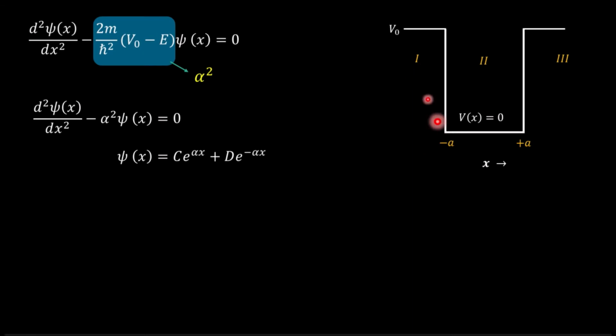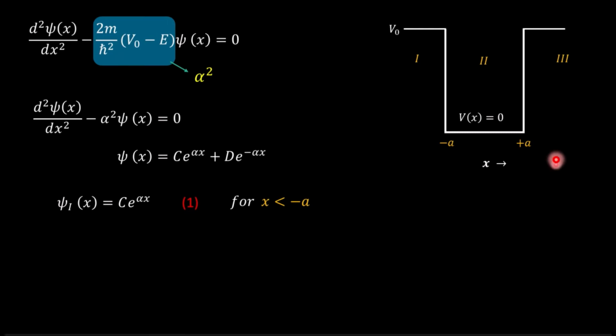As x approaches minus infinity, the first term in this expression becomes finite, but the second term diverges. Hence, for the wave function to be finite, the constant d has to be 0. Therefore, we can write psi 1 equal to c e raised to alpha x in region 1.